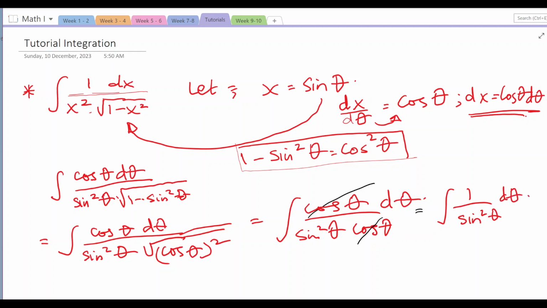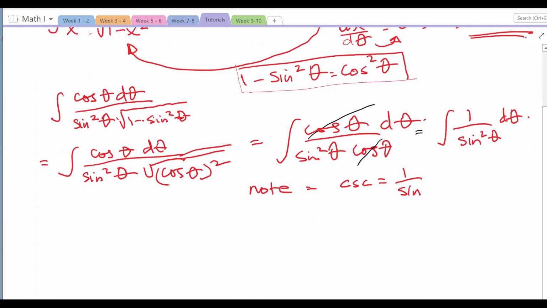So now we know that the cosecant, CSC, equals 1 over sine.